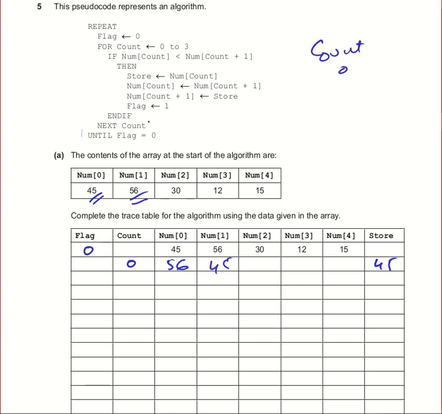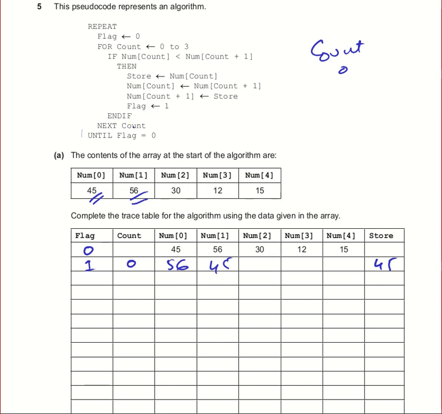And then the value of flag will be set to 1. Now this flag variable is changed when the values are swapped, which means this is essentially specifying to the computer that some swapping has been done.